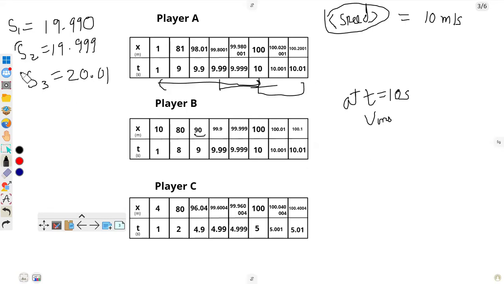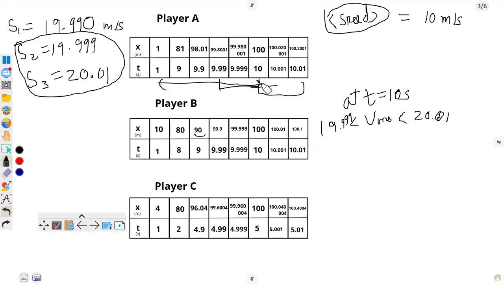It has to lie between S2 and S3. Oh, and these speeds are in meters per second. Note this. The instantaneous speed we're trying to find is lying between 19.999 to 20.01.